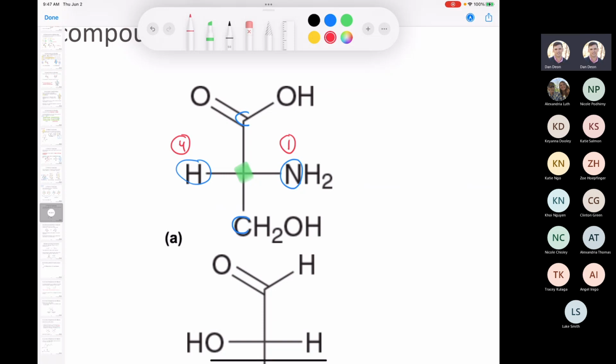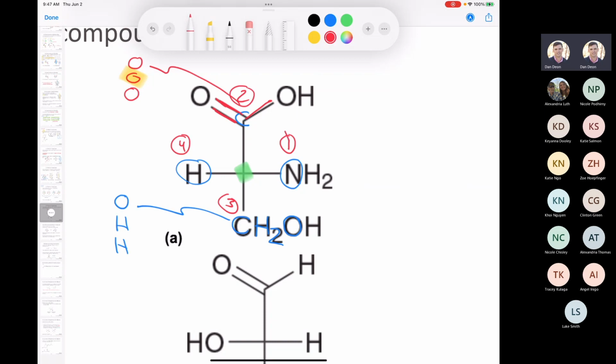But if we look at the 2 carbons, the carbon on the top is attached to oxygen, oxygen, oxygen, right? 1, 2, 3 bonds to oxygen. The carbon on the bottom is attached to an oxygen and 2 hydrogens. Therefore, this is my tiebreaker, and the carboxyl group on the top is going to be the second highest priority, and all of this down here would be the third highest priority.